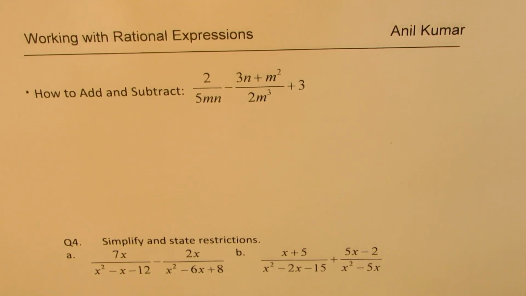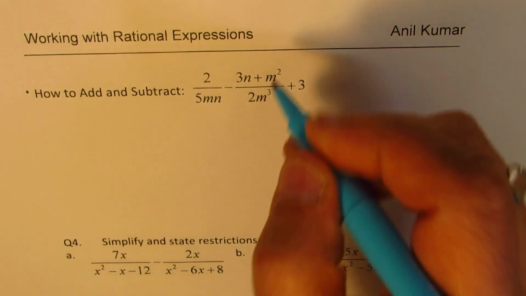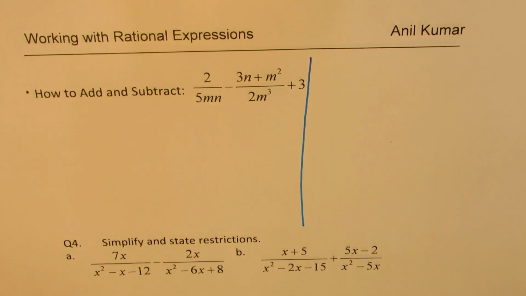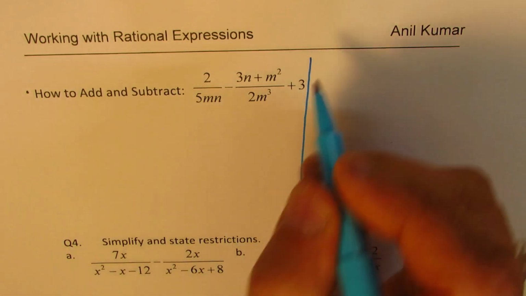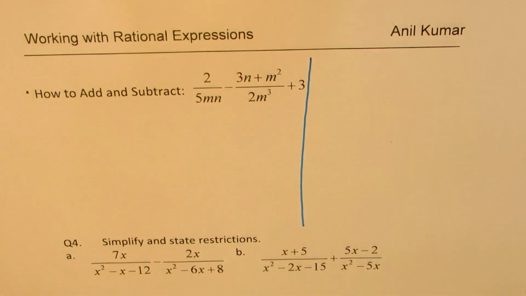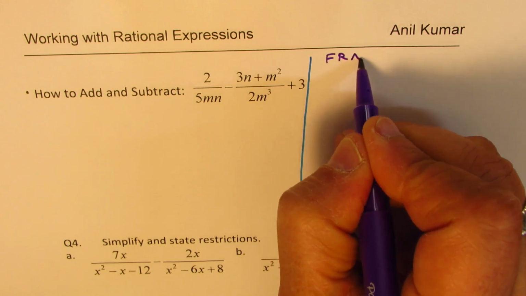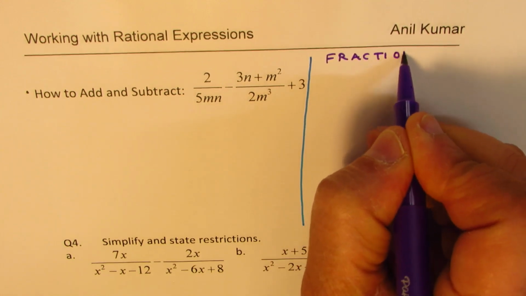Now before we begin to solve this particular question, let us get reminded of what we did for fractions, since this is a very important question to be answered and understood, right? So we'll get back to rational expressions once we review what we did with fractions, right?